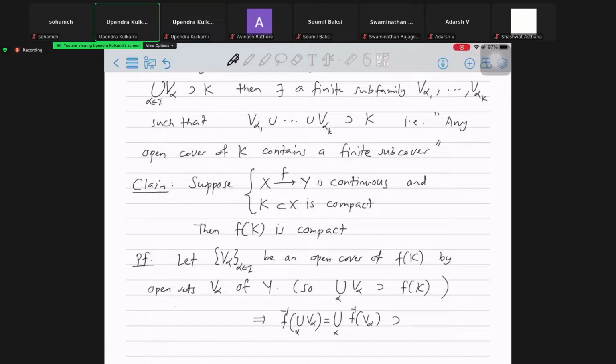And what does it contain? K. Right. But really, what I'm saying is I'm taking f inverse of both sides. So f inverse of f of K. And what can we say about f inverse of f of K? Is that equal to K?